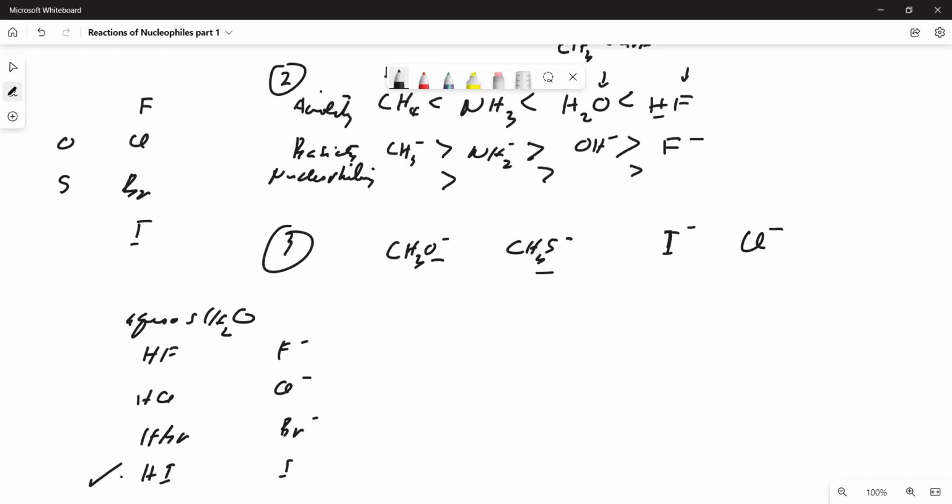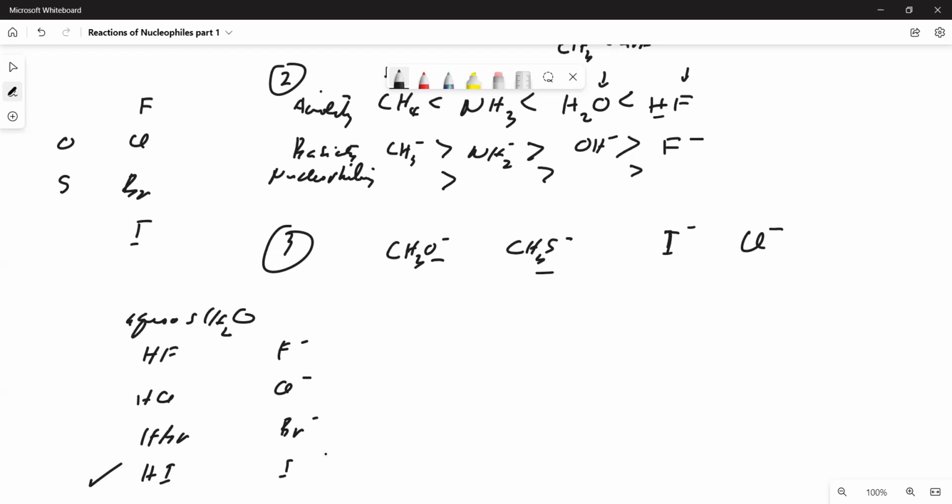So its attachment to the hydrogen is very strong. Although it is the most electronegative, the bond is very strong. It requires a lot of energy for the water to break it. But hydrogen iodide has the weakest bond, although iodine is the least electronegative, and it can easily be ionized by the water. So that's why it becomes the strongest acid.